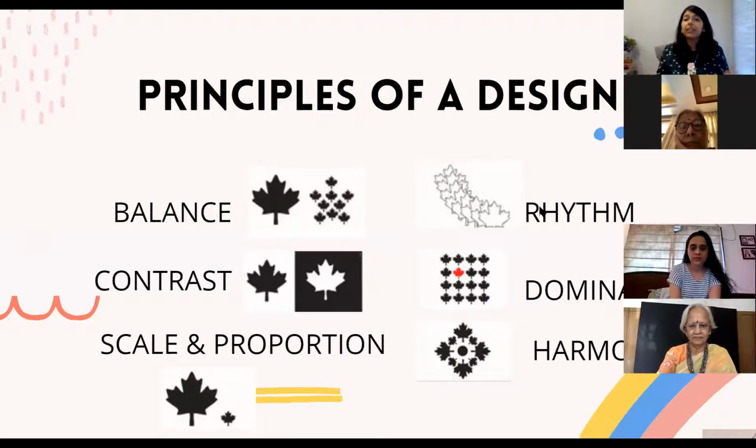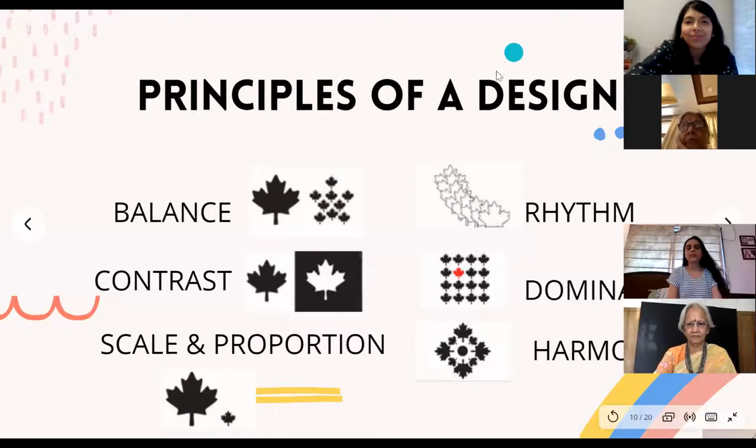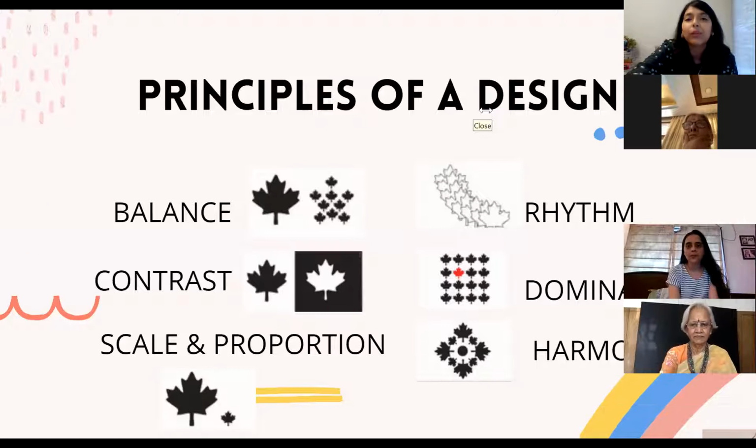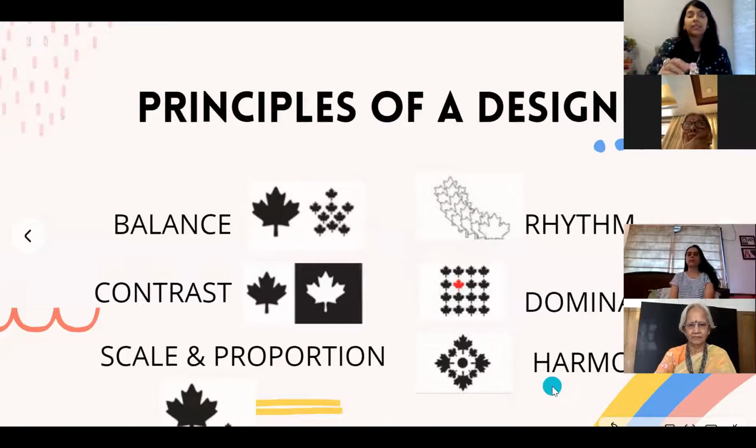For example, in a design, if I use spheres with cubes, they are contrasting forms. So the use of these helps you in telling your design story. Right. Amazing. Purple with orange, black and white. All these combinations are contrasting colors.